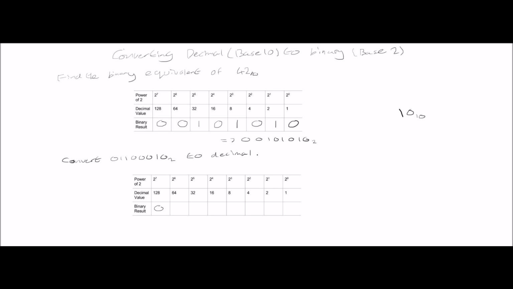So we've got 0, 1, 1, 0, 0, 0, 1, 0. Then you're going to look at what numbers you've got in the columns with 1s, and in this case we've got 64 plus 32 plus 2. And if you add that up, you'll get 98 in base 10, and that's your answer.